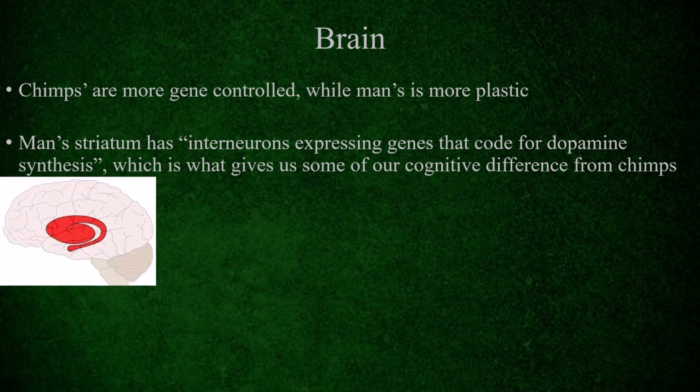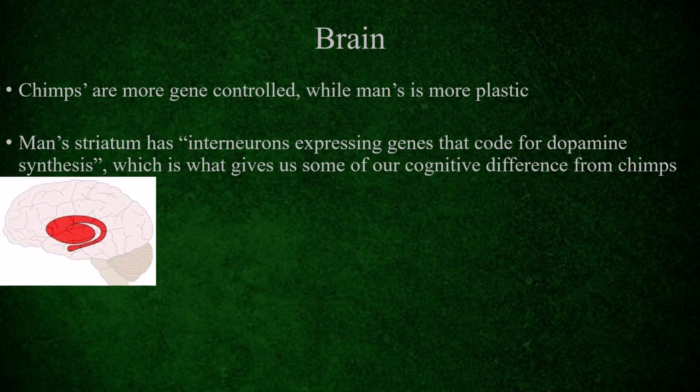Those interneurons in the human striatum have expressing genes, so genes that are being used to make something, that code for dopamine synthesis. Synthesis meaning basically creating.